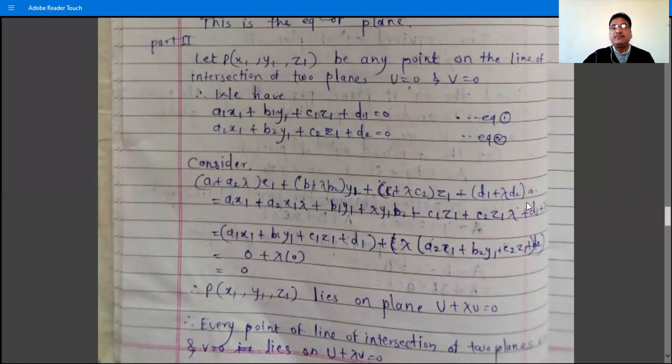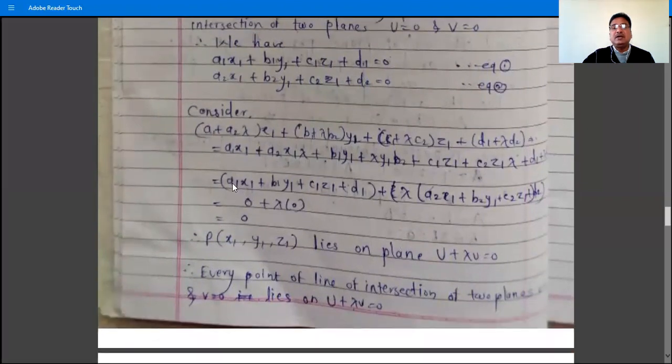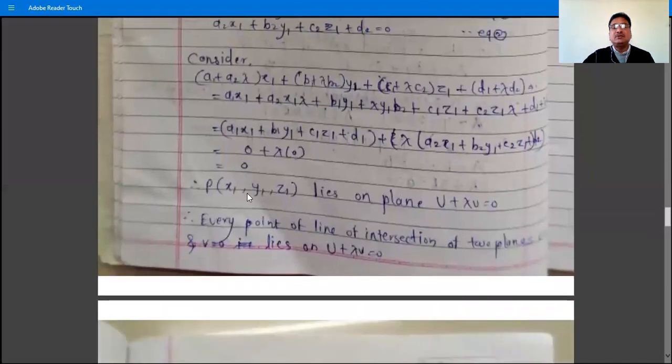So simplify this, multiply by x1, y1, z1, and then collect the terms: a1 x1 + b1 y1 + c1 z1 + d1 in one bracket, and take lambda common from the remaining terms, giving the bracket a2 x1 + b2 y1 + c2 z1 + d2. The values of these brackets are 0 by equations 1 and 2, and therefore we have the answer 0.